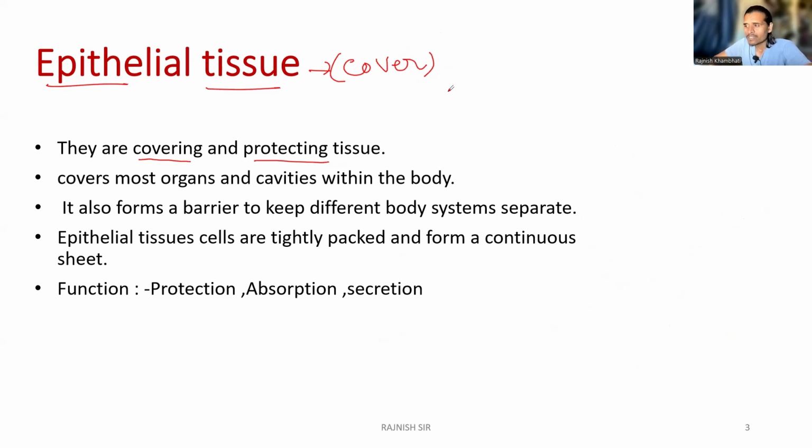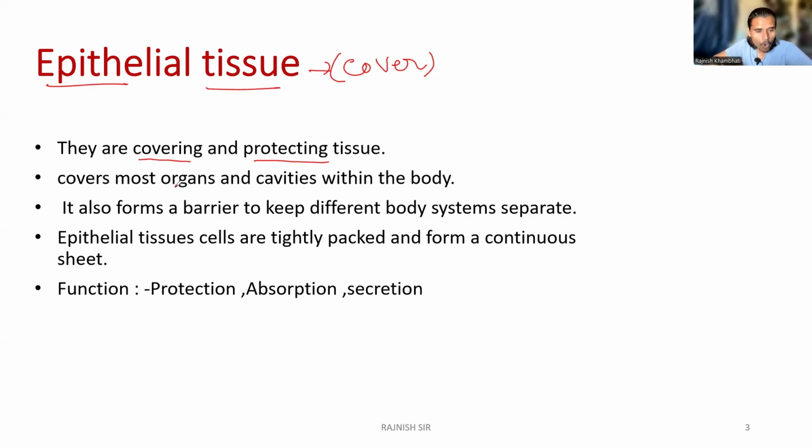Remember why we use a cover, like the cover of our mobile phone. What is the cover doing? The cover is outside of the mobile phone and it is protecting the mobile. In the same way, epithelial tissues are present outside, they will be covering, and when covering, it is protecting.